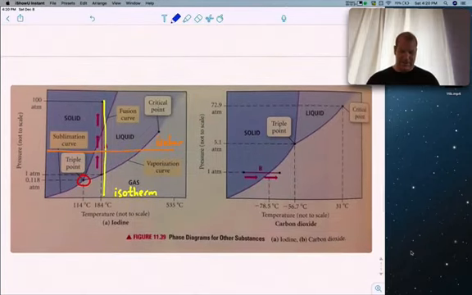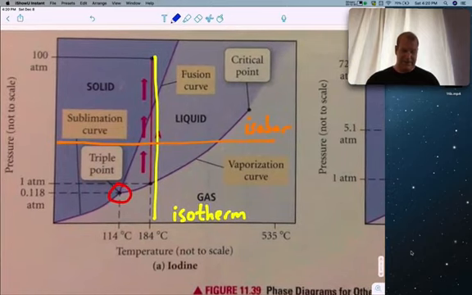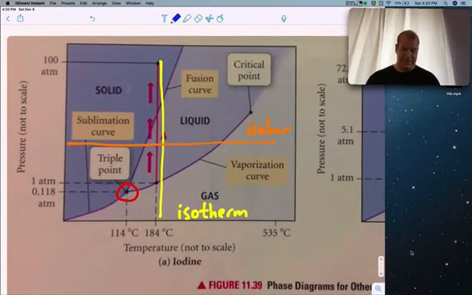I already mentioned isotherm, isobar. Here is iodine, so here is another material. The y-axis is still pressure, the x-axis is still temperature. But you can see that water, this line went this way, at least for the lower pressures, the more common forms of ice, at least here on Earth, at least at atmospheric pressure.